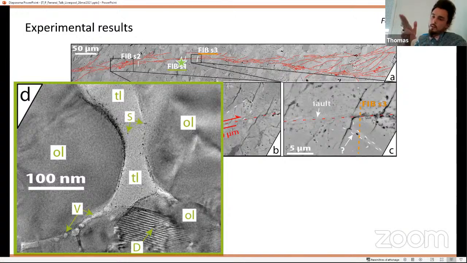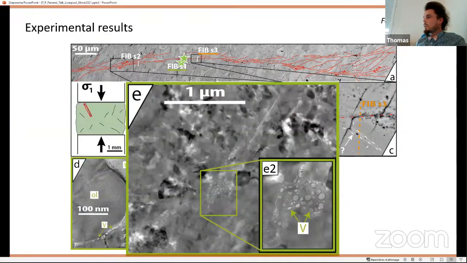So that's why you make these iron oxides, and you have fluid vesicles here that we interpret as vapor, I mean H2O, because this is the other product of Antigorite dehydration. When you look at the fault, you realize that it is 20 to 200 nanometers thick, with some pockets filled with amorphous material and bubbles, the same vesicles as what we saw before.